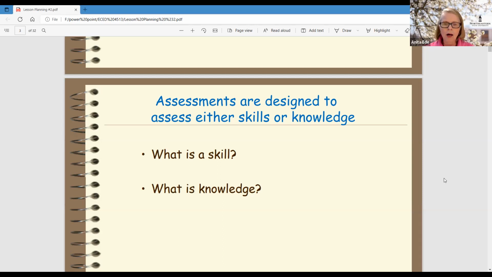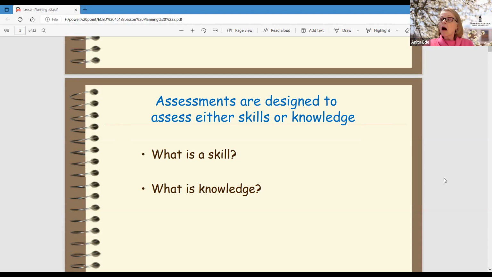So when you're assessing knowledge, say, for instance, you're doing a unit on spring weather, perfectly good unit. It could be a great lesson. You might be doing a lesson on rain. So your major objective is, students will identify, there's that, my favorite word, students will identify what they know about rain.